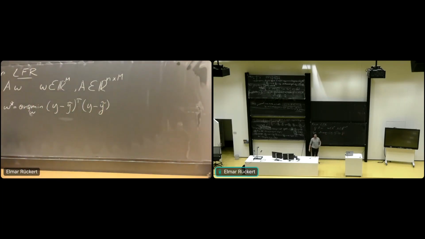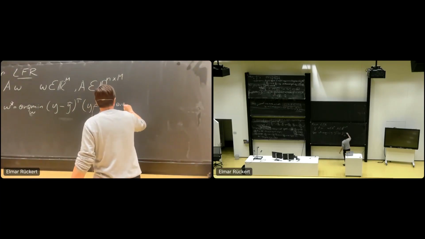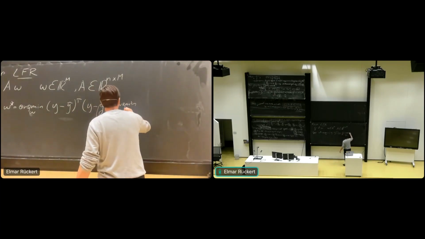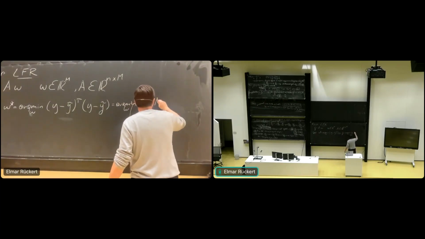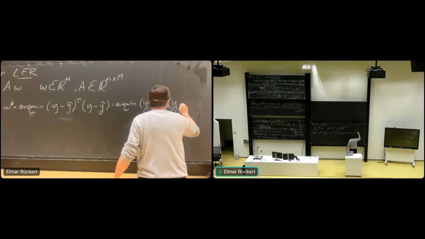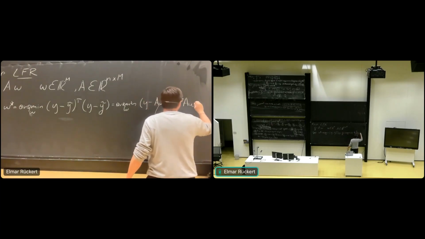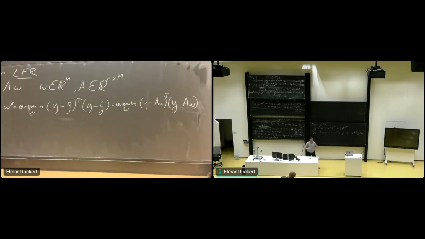That's what we did. And then we plugged in the model, argmin over W of (y minus A times W) transpose (y minus A times W). That was our goal.